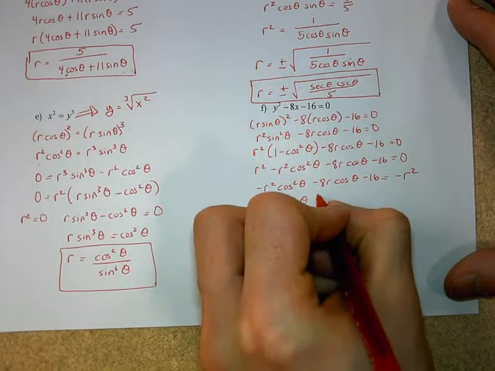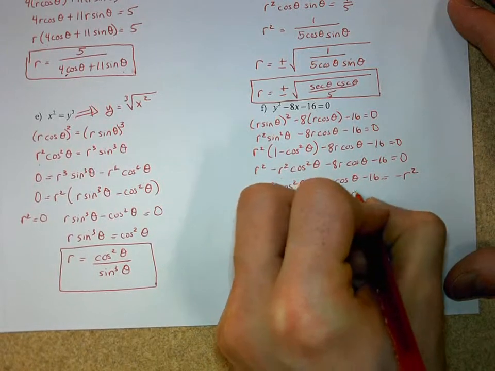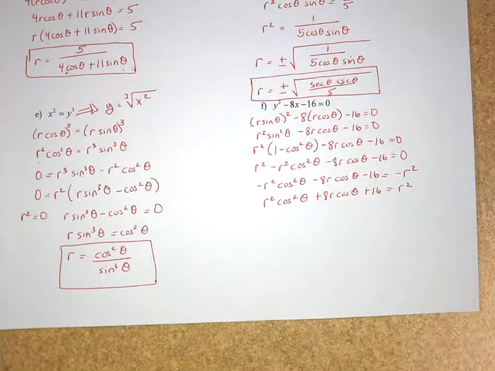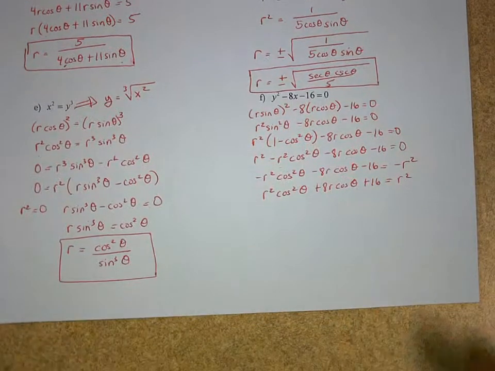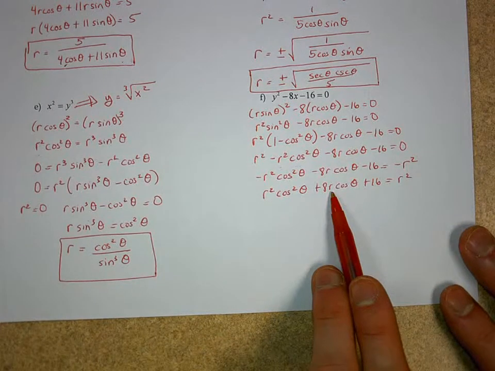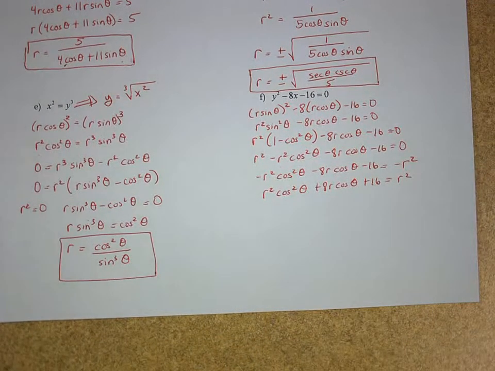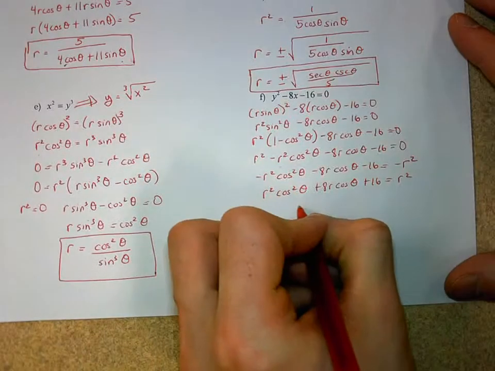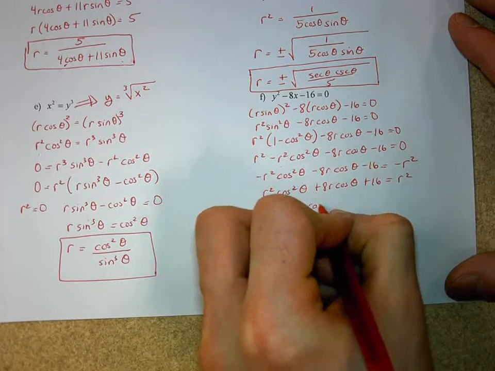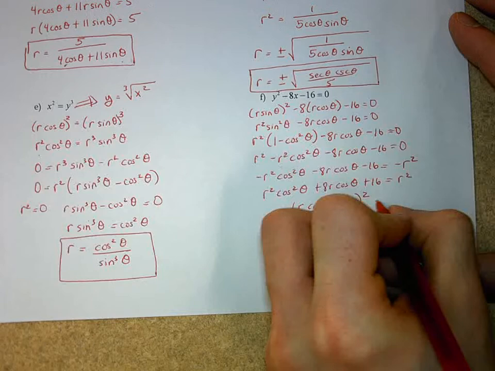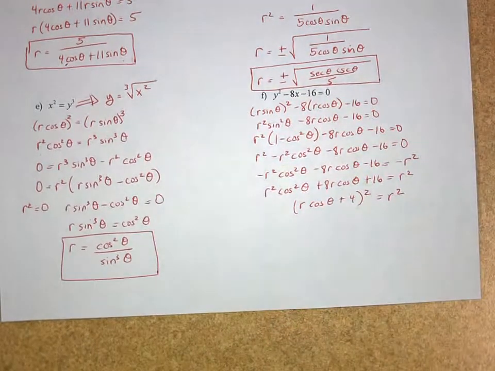R squared cosine squared of theta plus 8r cosine of theta plus 16 is equal to r squared. Now over here I can see I've got factors of 16 that add up to 8. And this is one of your perfect square trinomials. So this one we can factor down to r cosine theta plus 4 quantity squared is equal to r squared.